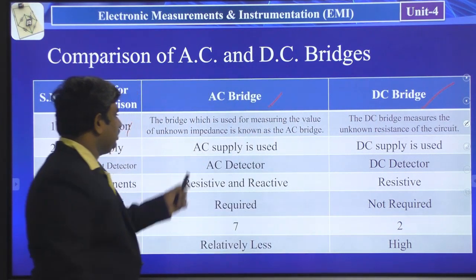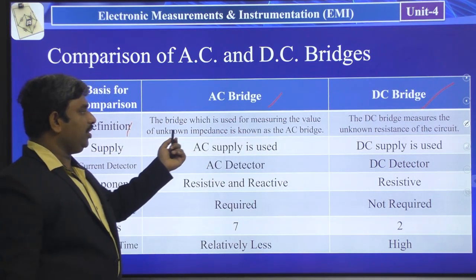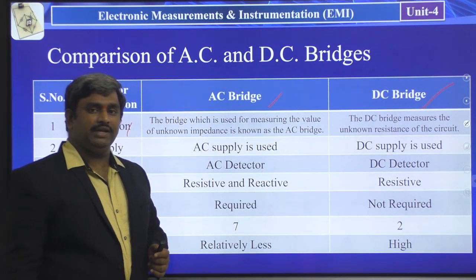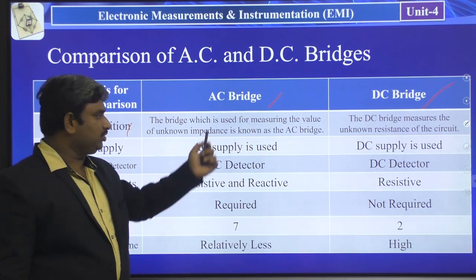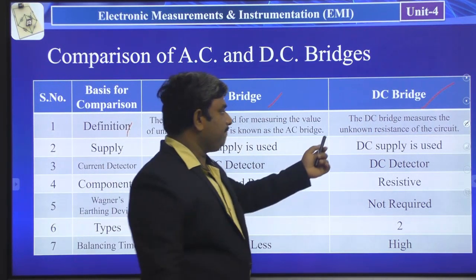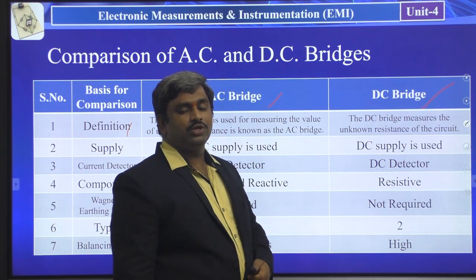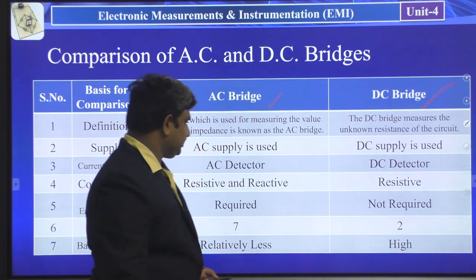The AC bridge is the bridge which is used for measuring the value of unknown impedances. It may be inductance or capacitance. So these type of components we are going to measure. So this is the definition of AC bridge. Next, the DC bridge measures the unknown resistance of the circuit. So the DC bridge is used for measuring the unknown resistance value.